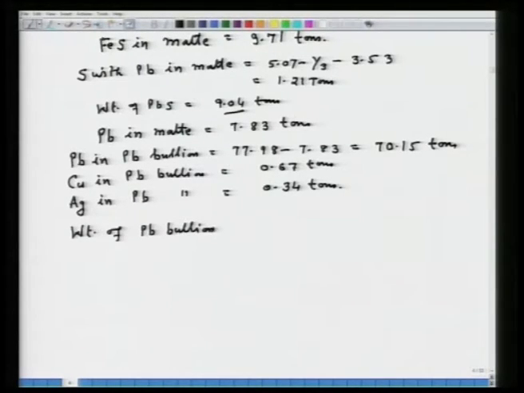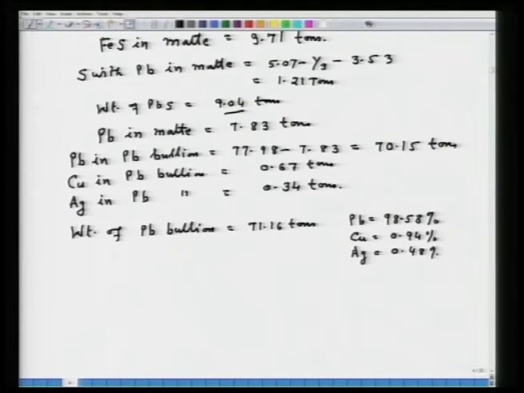I have to sum the total, and that will be equal to 71.16 tons, and we can just calculate the percent. Therefore, lead will be 98.58%, copper 0.94%, and silver 0.48%. This is just the percentage-wise composition of the lead bullion.